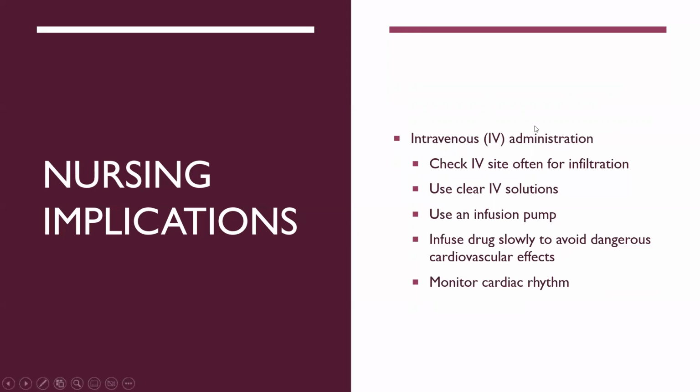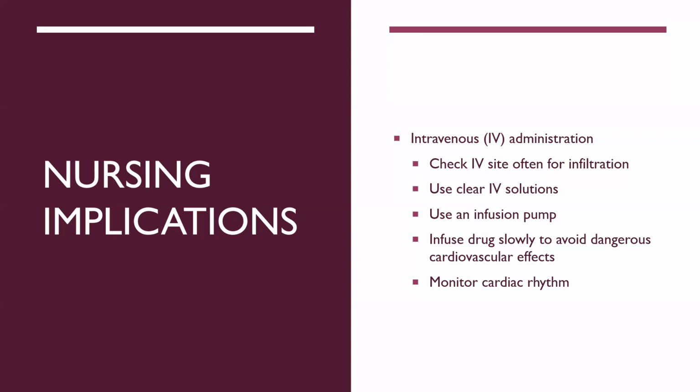Use an infusion pump. Like I said, if it can kill you within 5 minutes, it deserves a pump. Infuse drugs slowly to avoid dangerous cardiovascular effects. So that's where titrating comes in. So that's one of the things that is kind of a difference between LPN scope and registered nurse scope, is because we as registered nurses get to titrate these drugs.